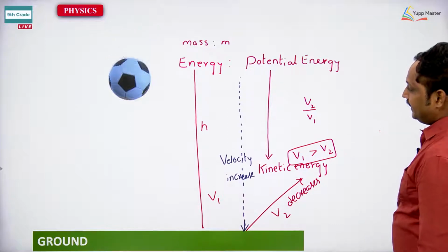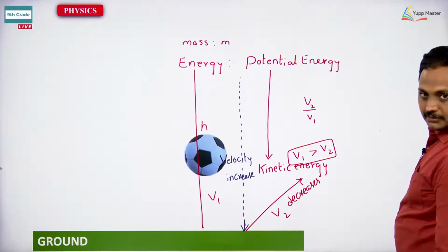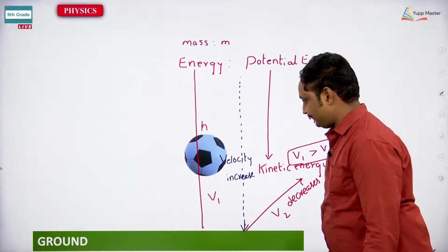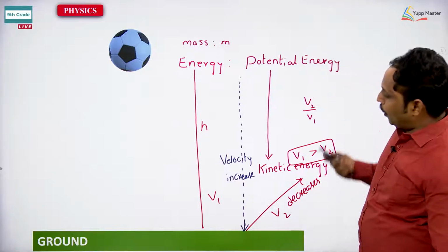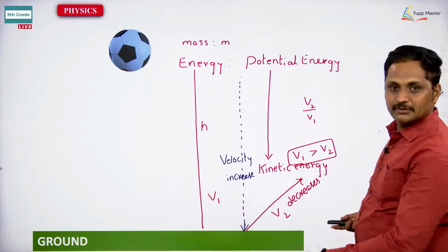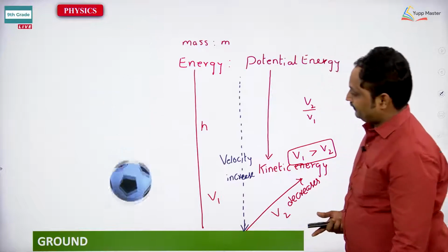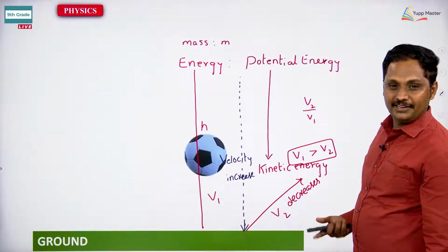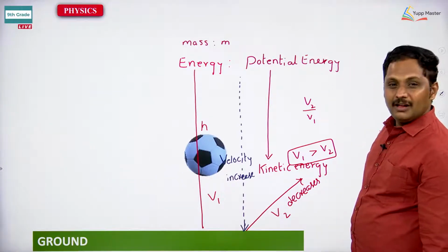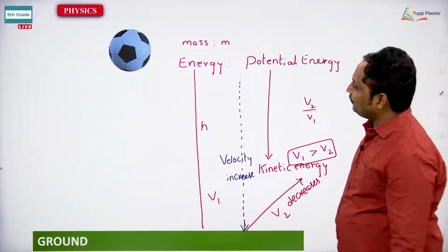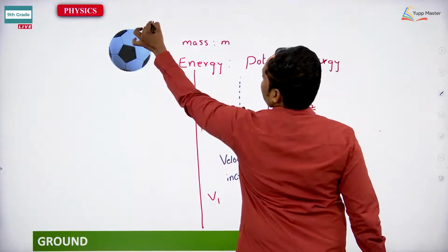Let us see that, that is the case we are going to derive. So the ball has been dropped from a particular height, yes, it is very clear. It has started from rest.